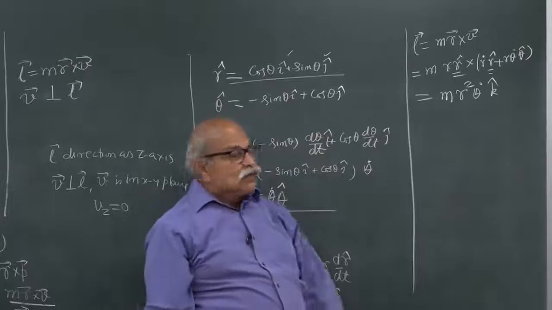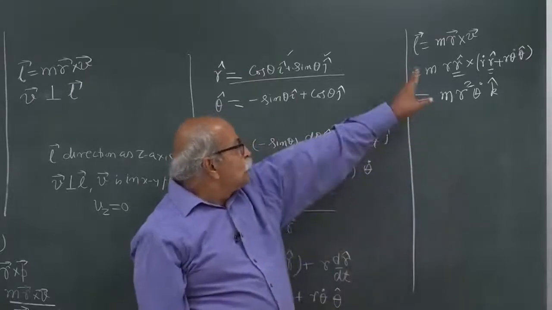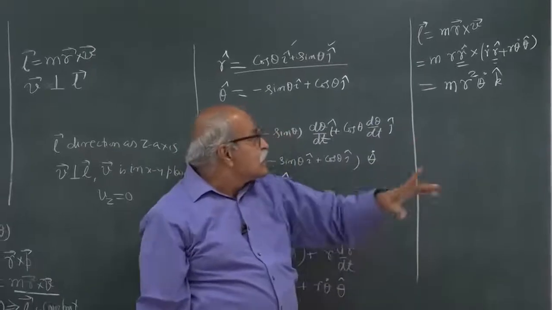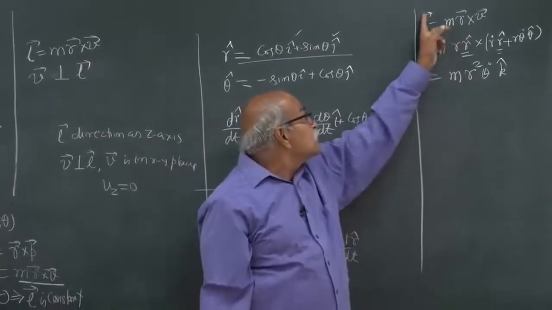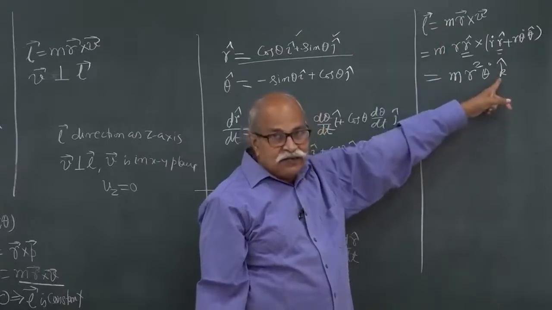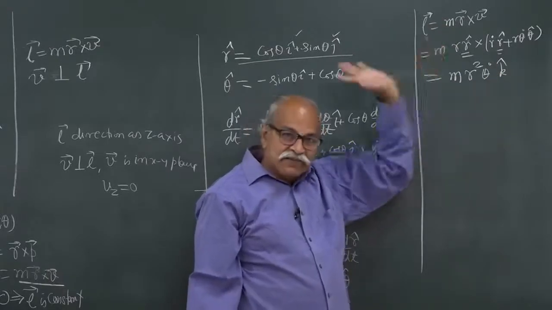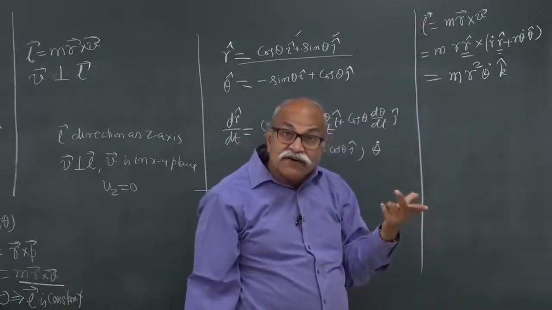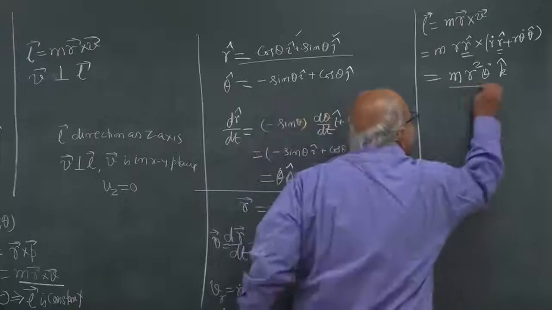Okay. So, we have already shown that the whole motion is in the xy plane and angular momentum is taken in the z direction. So, that comes out in the z direction, very good, very nice, and the direction is fixed. Magnitude is also fixed, the L vector is a constant vector, and here is the magnitude.